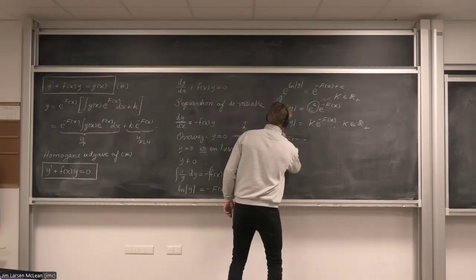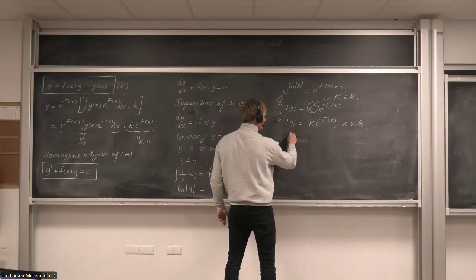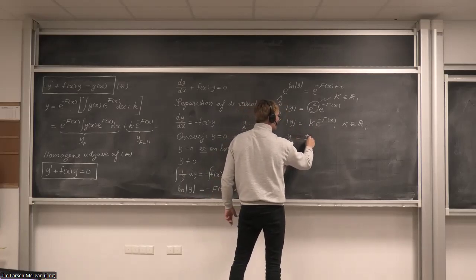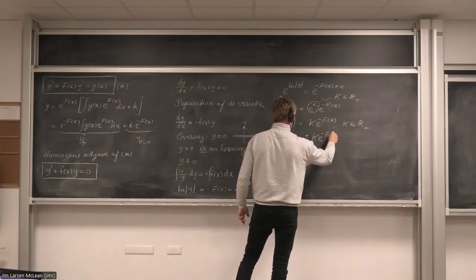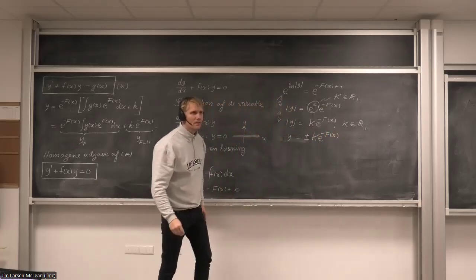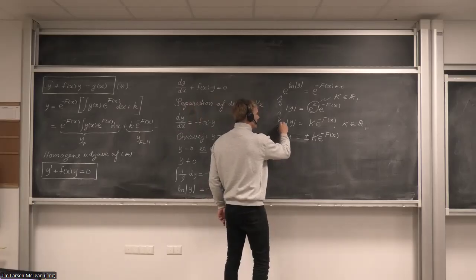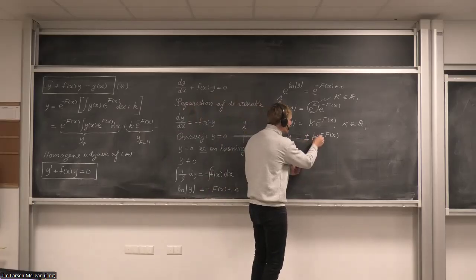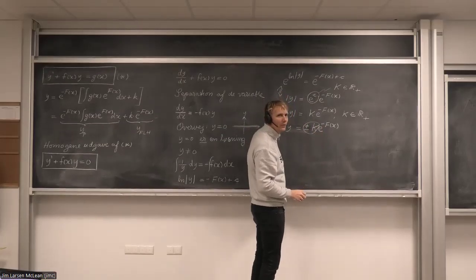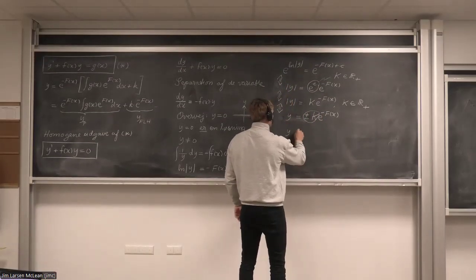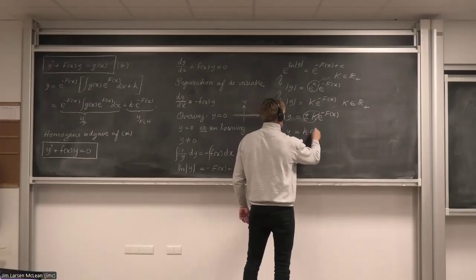So that means if the absolute value of y is this, then y itself is either plus or minus that. Are you following? And then we're basically there, because that plus or minus can just be absorbed into a constant, which we call small k. Now it says that y equals small k times e to the power of negative capital F.